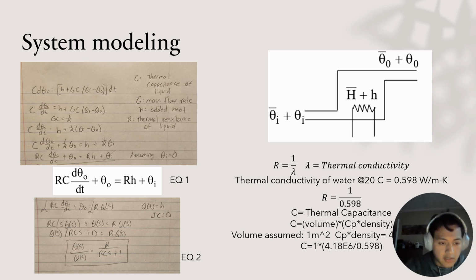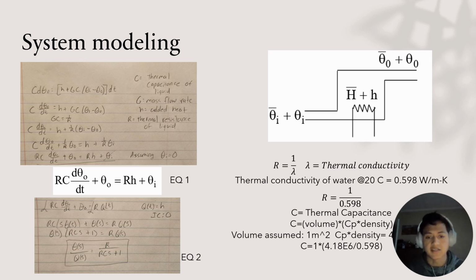Equation 2 is just taking the Laplace transform of equation 1 and making it a transfer function that is based on the input temperature and the energy added to the system, which we can see down here in equation 2. Now, in order to get the thermal resistance of the coolant, we have to take the inverse of the thermal conductivity. This property was taken from water at 20 degrees Celsius, and here we can see the resistance calculated.